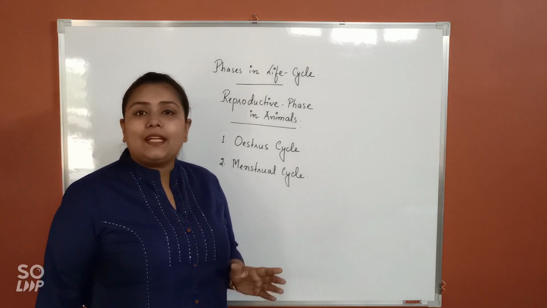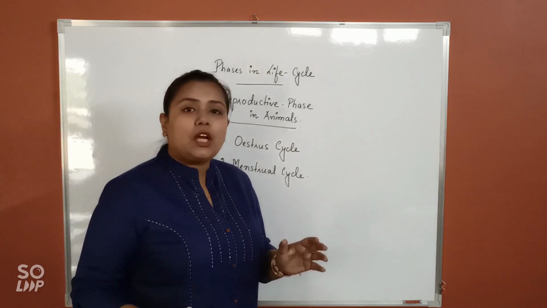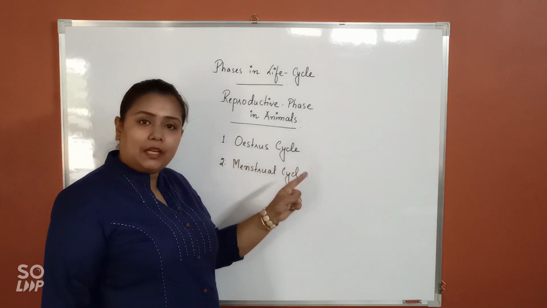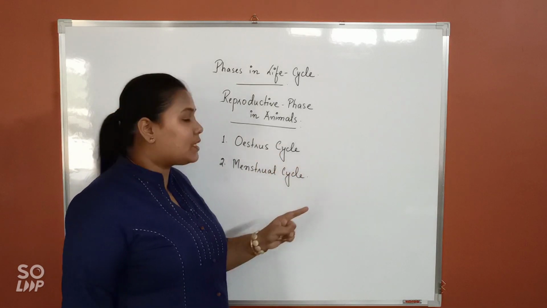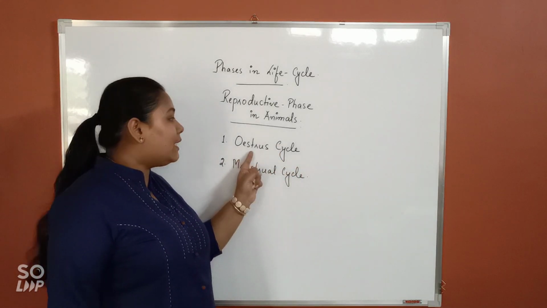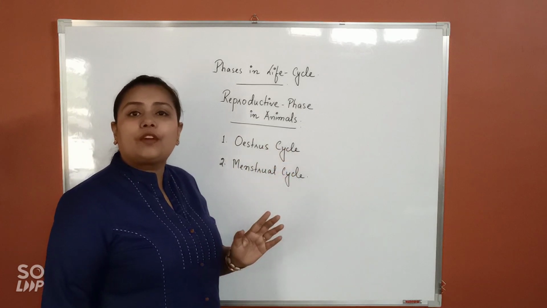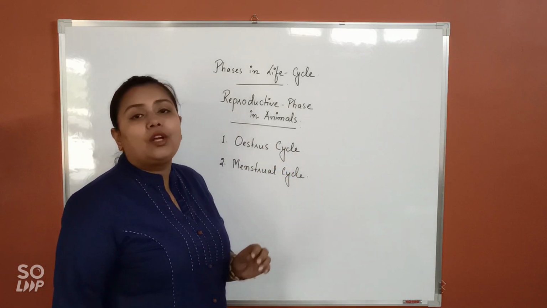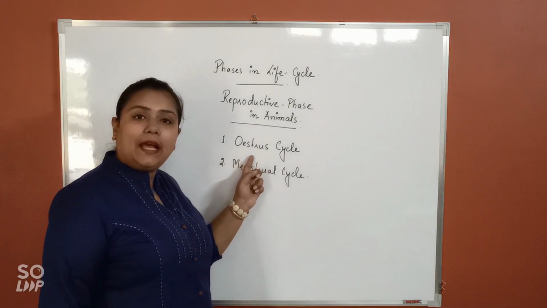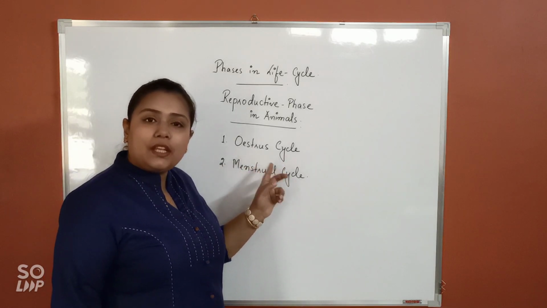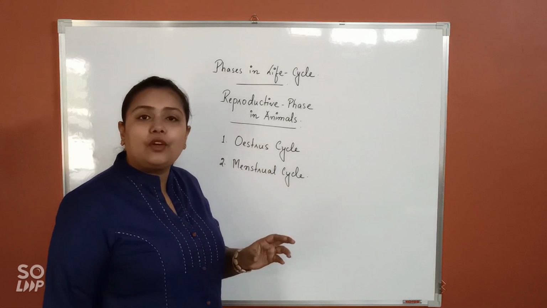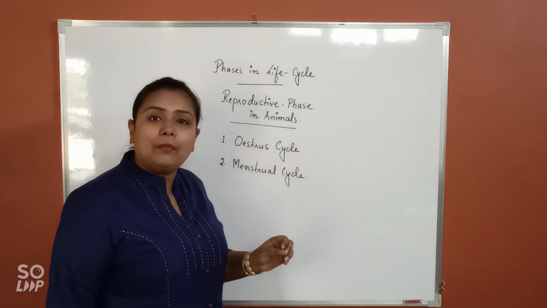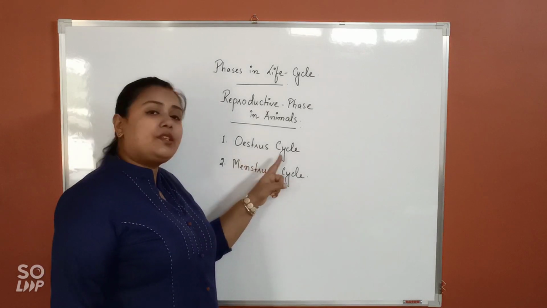Such cyclical changes which occur in the body of the female in non-primate mammals, we will consider to be the estrous cycle, like in cows, rats, deer, dogs or tigers. Cyclical changes occurring in the body during the reproductive phase in non-primate mammals are termed the estrous cycle.